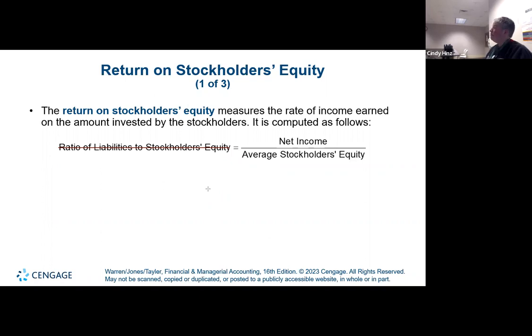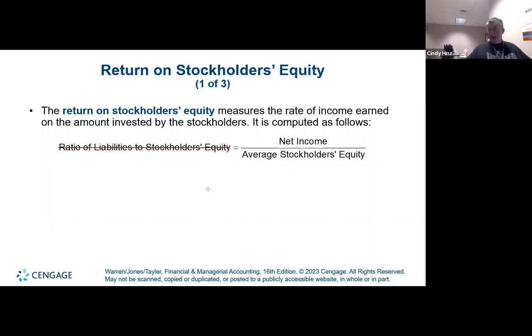It is not a measure of the market value of the equity. And so while this might be useful for comparison, if you are an investor or a potential investor in this company, return on stockholders' equity doesn't translate directly to your bottom line. Okay. So this is based on the book value of the equity.